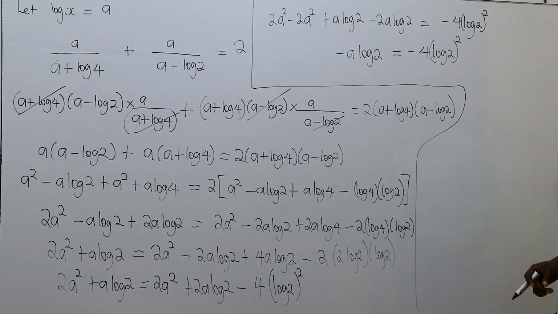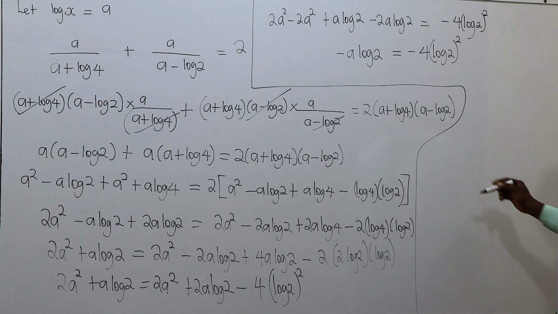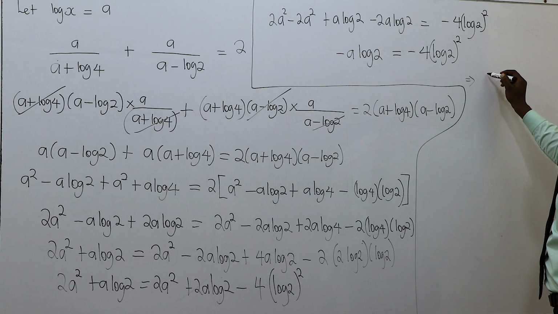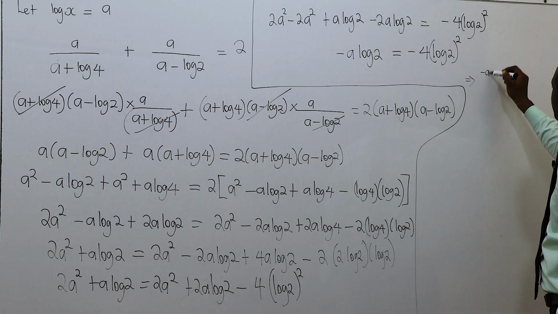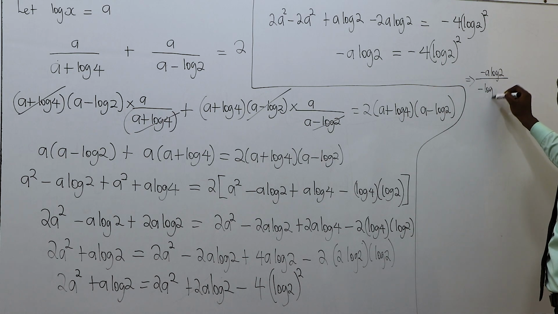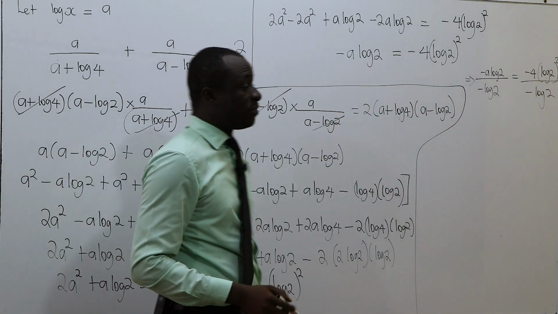Want to find a, what do we divide both sides by? Negative log 2. So we have negative a log 2 over negative log 2 equal to negative 4 log 2 all to the power 2 over negative log 2.